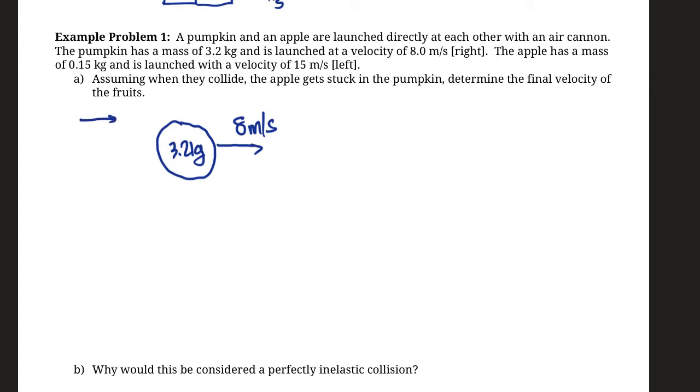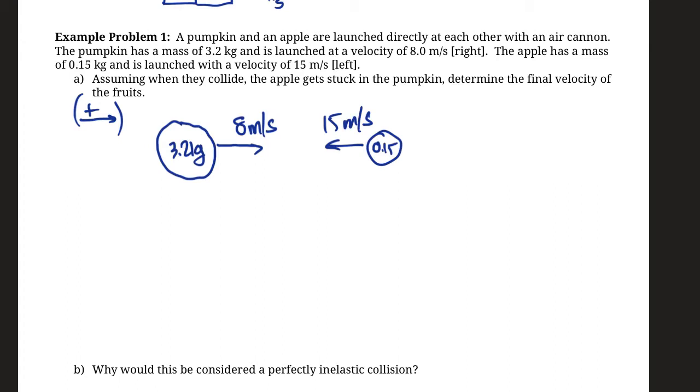I'm going to say the positive direction is to the right, as we usually do. And then the apple has a mass of 0.15 kilograms and is launched 50 meters per second to the left. Assuming when they collide, the apple gets stuck inside the pumpkin, so picture this messy combination of apple and pumpkin, determine the final velocity of the fruits together.